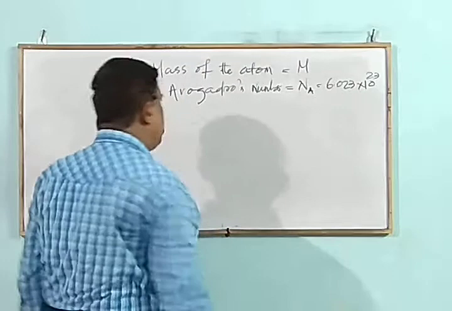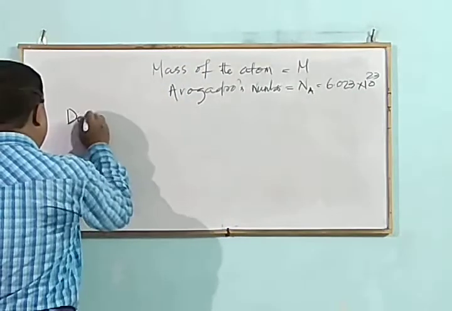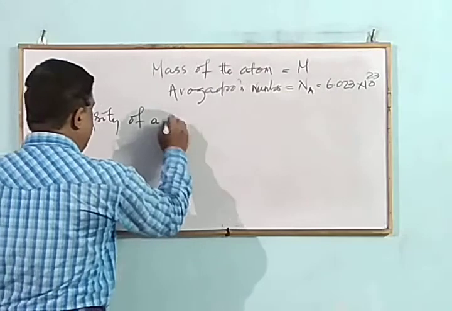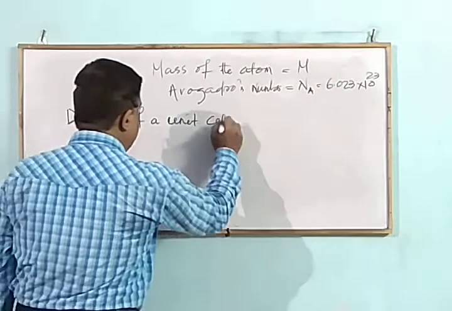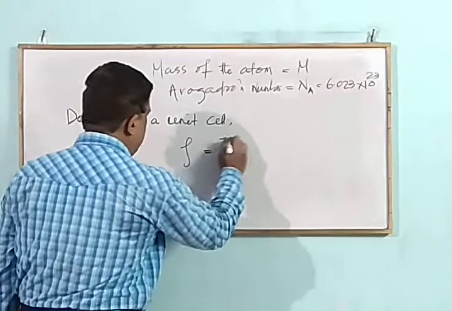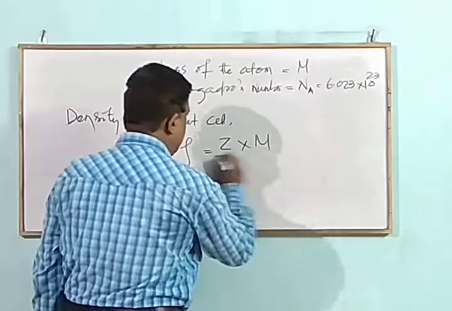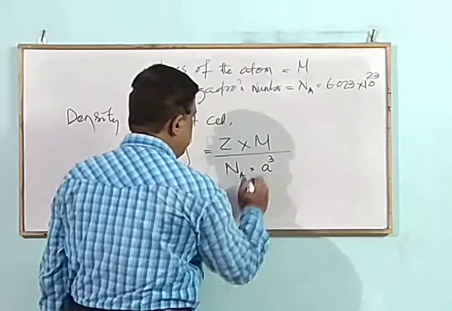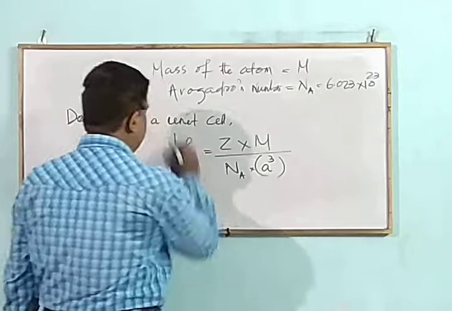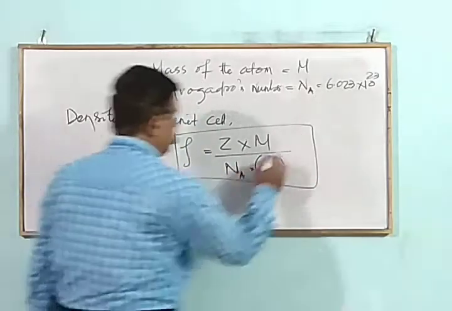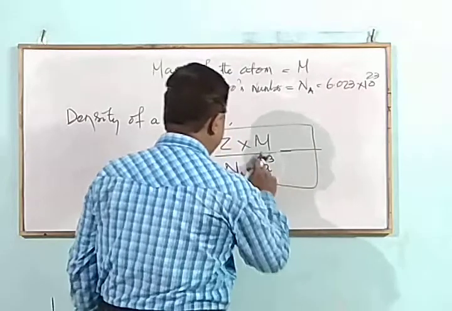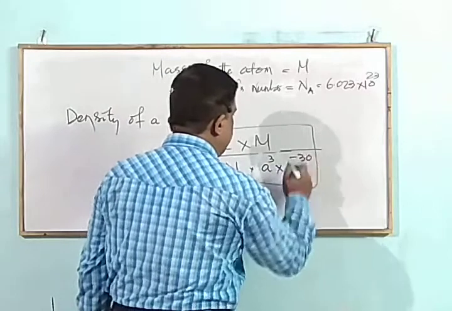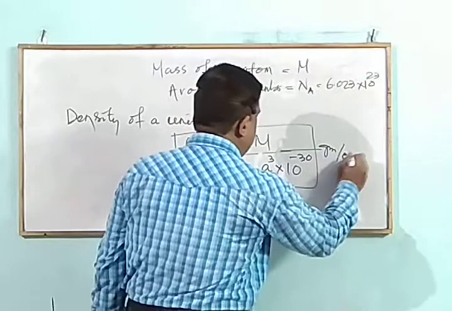By knowing this one, we have to calculate density of a unit cell, that is rho is equal to Z into M divided by Na into A to the power 3 into 10 to the power minus 30 gram per cc.